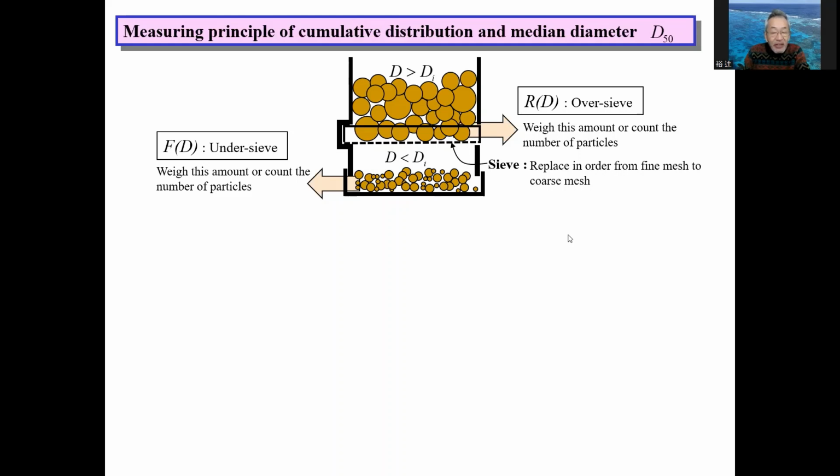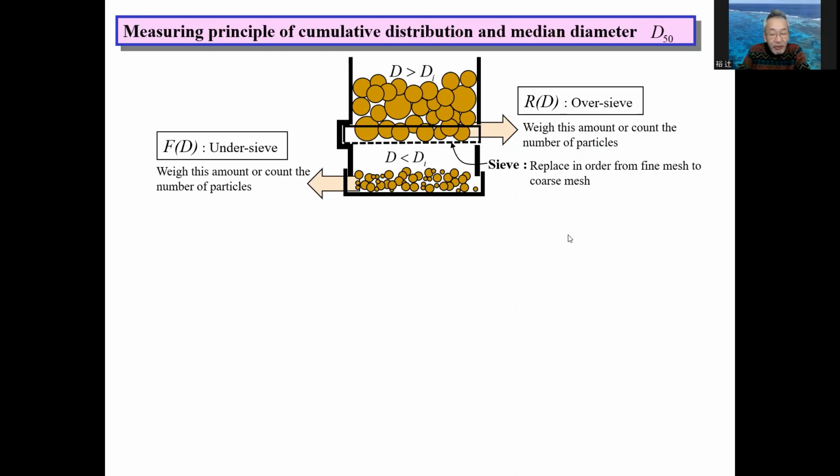The sieve method is classified into the under-sieve method and the over-sieve method. The under-sieve method measures the amount of particles collected under the sieve. In this lecture, the symbol Fd is used to express the fraction of particles in the bottom container.